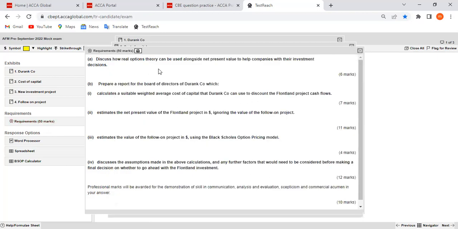The first part: discuss how real options can be used alongside the NPV. Very important, guys. We already know about the NPV and the real options.